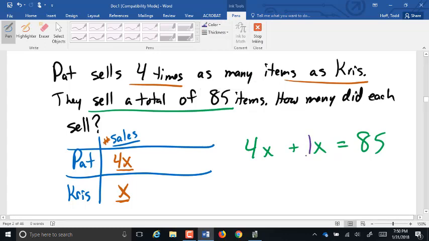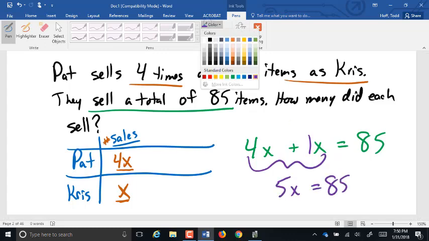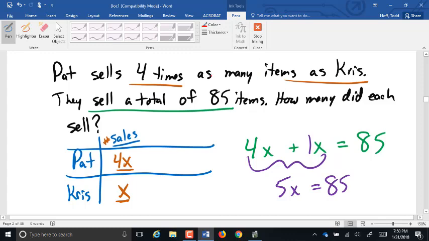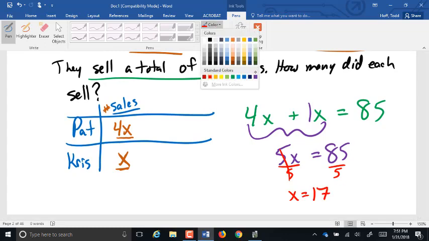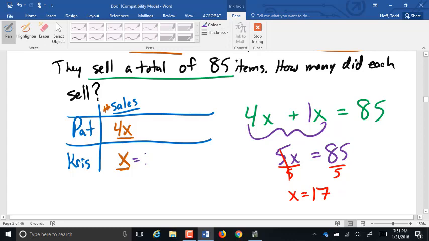So that combines to be 5X equals 85. Next step is divide by 5. So X is 17. And so that tells us Chris sold 17 items. Pat is going to be 4 times 17, or 68 items.